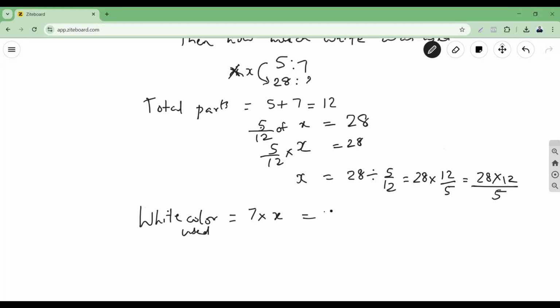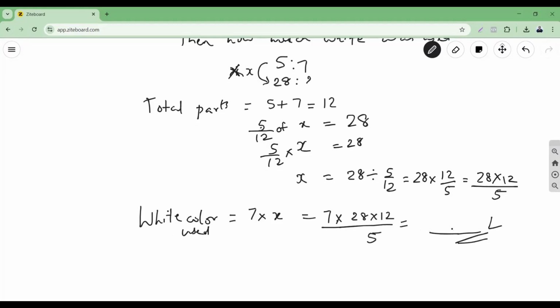So I will take 7 times x, which is nothing but 7 times 28 times 12 by 5. I'll use a calculator and find the value. It is going to be somewhere in decimals, so some decimal number will come, and that will be the total number of liters of white color that was used.